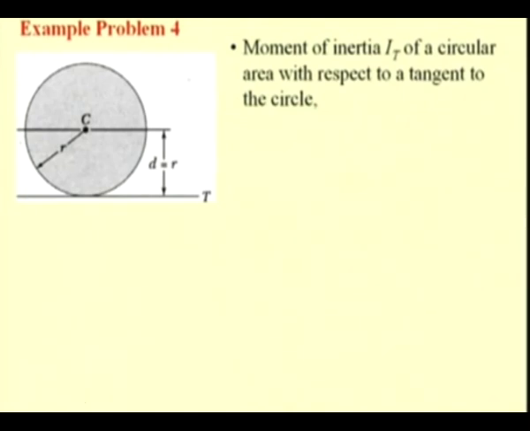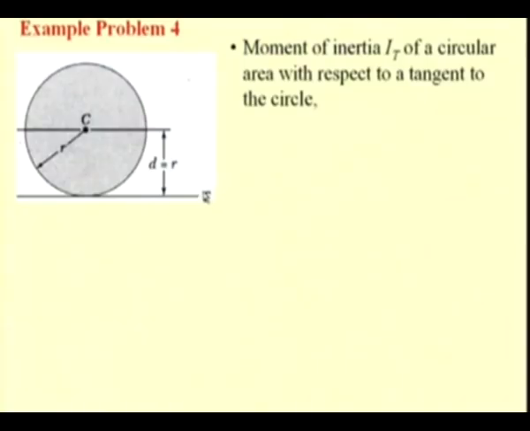We have this circular lamina of radius r, and we are interested to find the second moment of this area with respect to a tangential axis T, which is situated at a distance of r, the radius of the disc, from the centroidal axis.